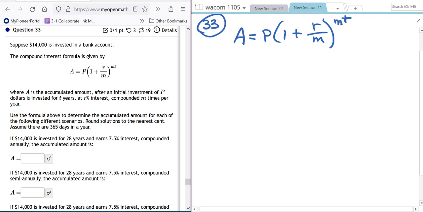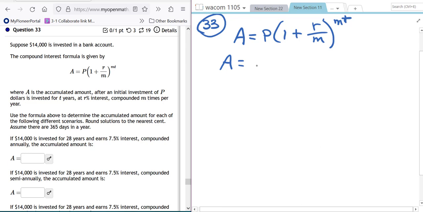All right, and they are saying use the formula. All right, 14,000 is invested, and we want to know the accumulated amount. That's how you know that it is not one of the ones where you have to take a logarithm, because this is not an exponent.